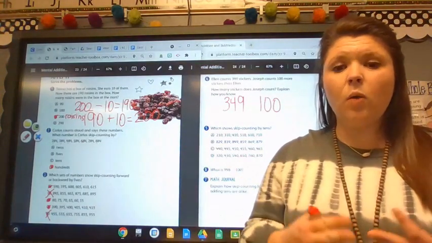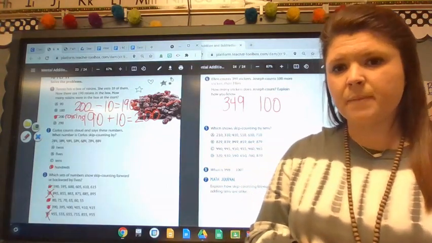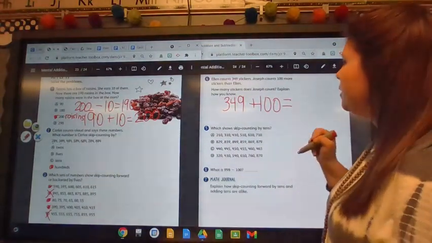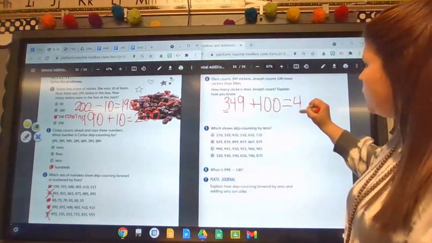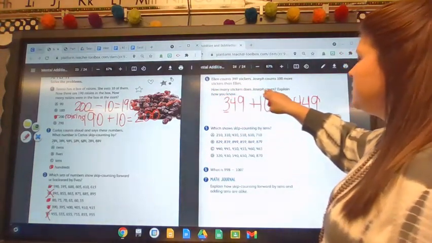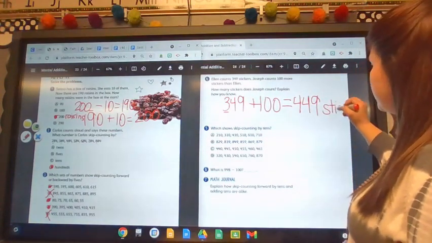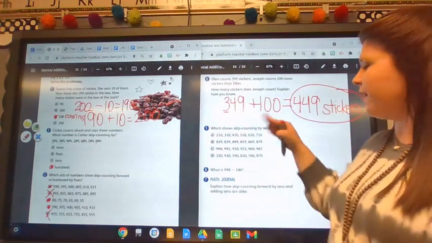Larger. So what sign do we use to show that a total gets larger? The addition sign. 349 plus 100. Our hundreds place is going to change here. 449. So how many stickers does Joseph count? 449 stickers.